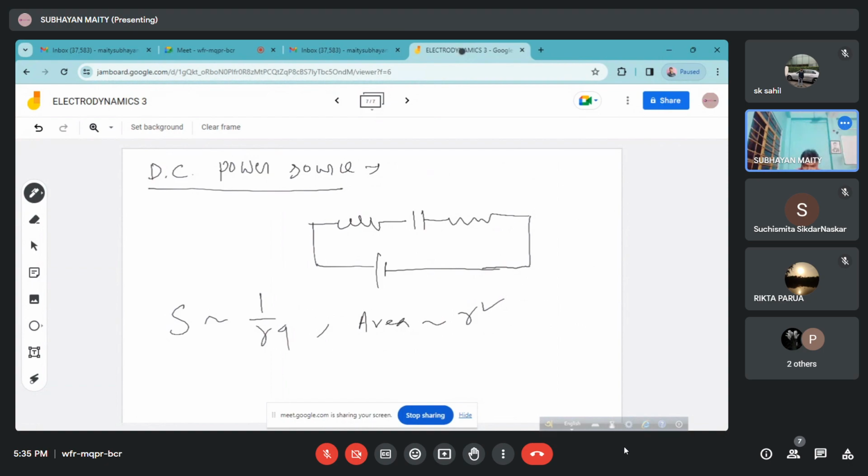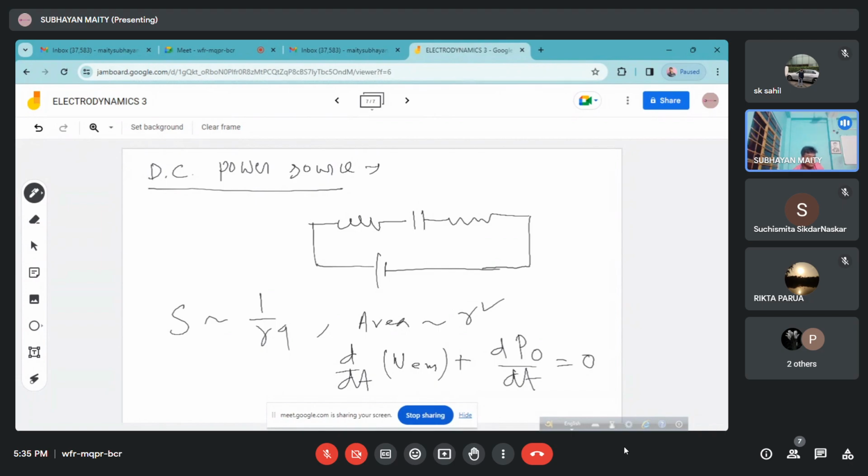Then you have d by dt of U_EM plus the ohmic power, and suppose dP_o by dt is equal to 0. This is nothing but the elementary circuit theory, the primitive circuit theory, which is KVL.